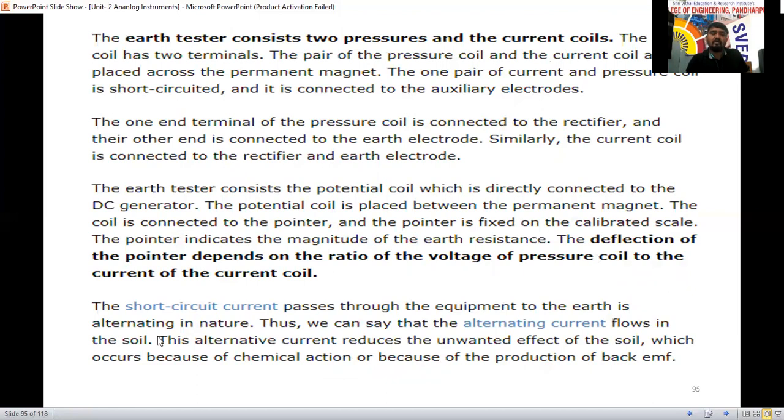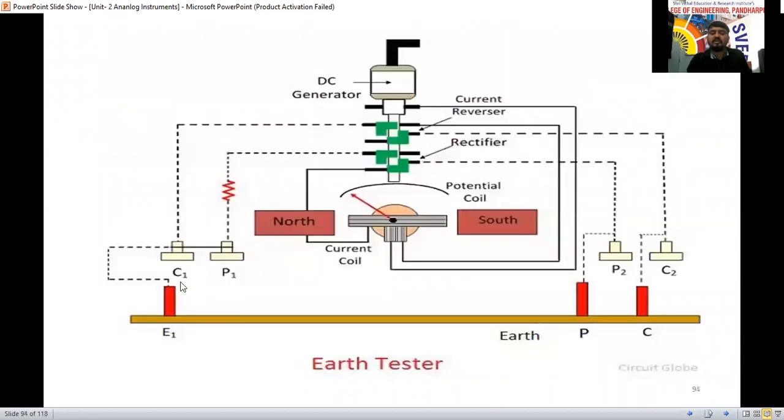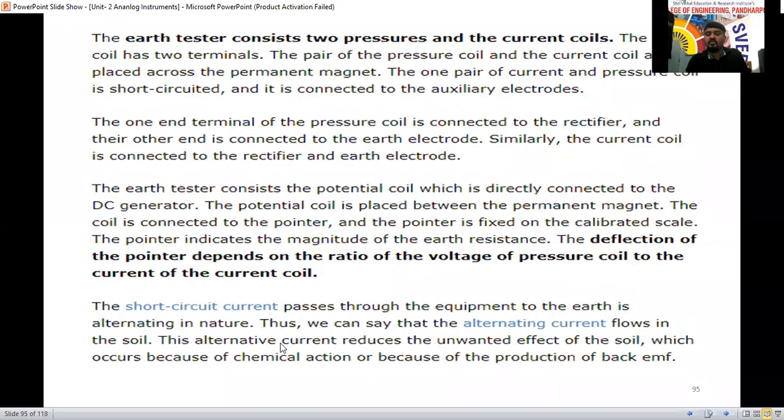In this one, we use the short circuit of the pressure and current coil. The short-circuit current passing through the equipment to the earth is alternating in nature. This shorted current is alternating current passing into the earth, so we can say that alternating current flows in the soil. This alternating current reduces the unwanted effects of the soil.